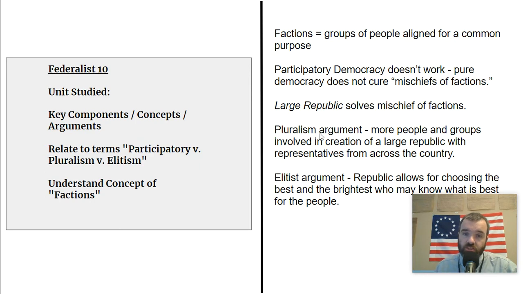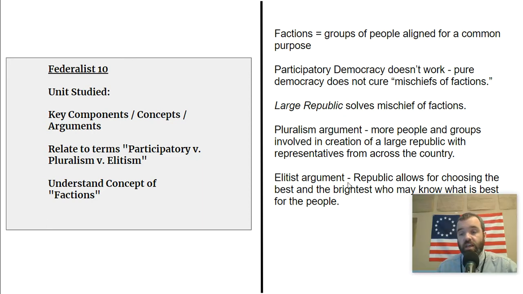And as it relates to pluralism and elitism, you could say Madison argues for elements of both in this particular document. He says that we're going to have a society that is pluralist. We're going to have the best features of a pluralist system. More groups of people are going to be involved in our large republic. Different views are going to be represented from across the country, and this is inherently good, and the best ideas will be brought forward. He also has an element of an elitist argument.